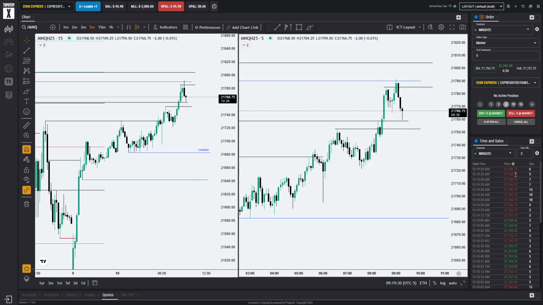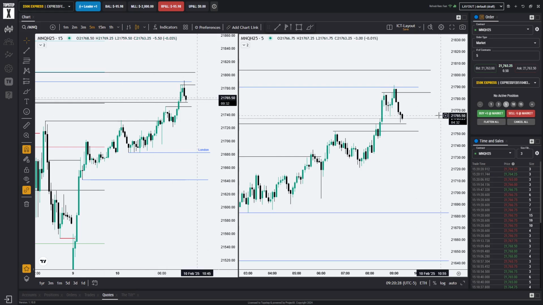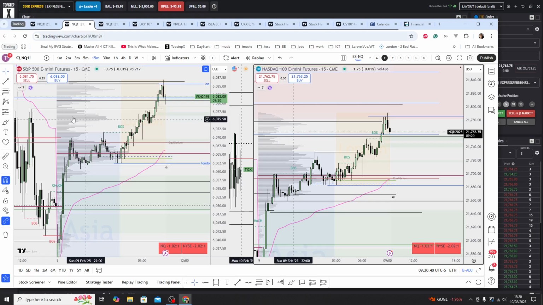Still a bit of selling. 66 selling. Okay, I'm using volume profile as well.